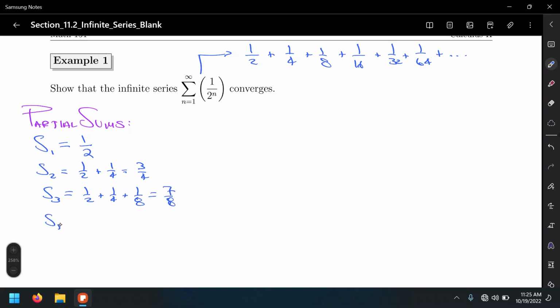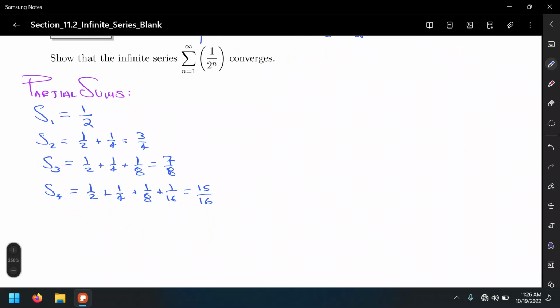And s sub 4, that's 1/2 plus 1/4 plus 1/8 plus 1 over 16. And that equals 15 over 16. All right. I don't think we need any additional partial sums. 4 is good enough.